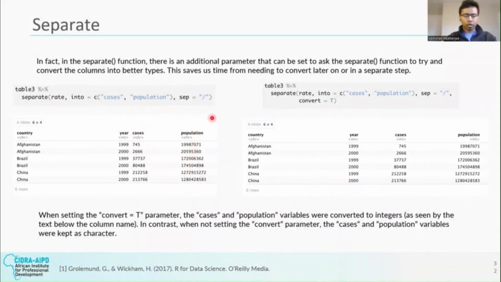So to force R to convert them into integer data types, we use this convert parameter, and we give the value of this convert parameter as true. We'll go through these exercises when I do a screen share of my RStudio screen as well.